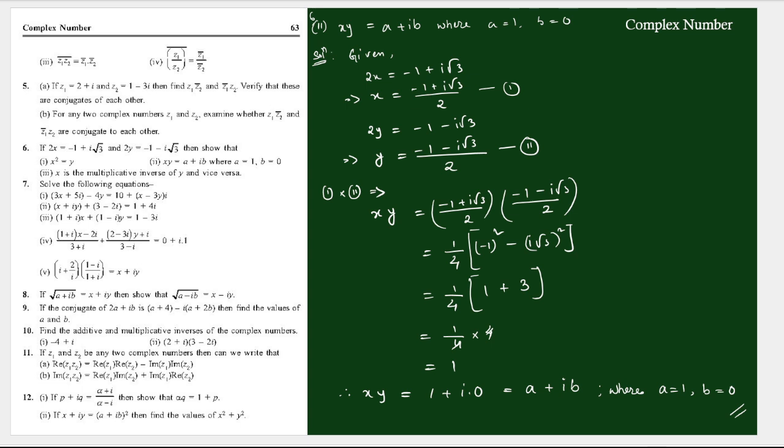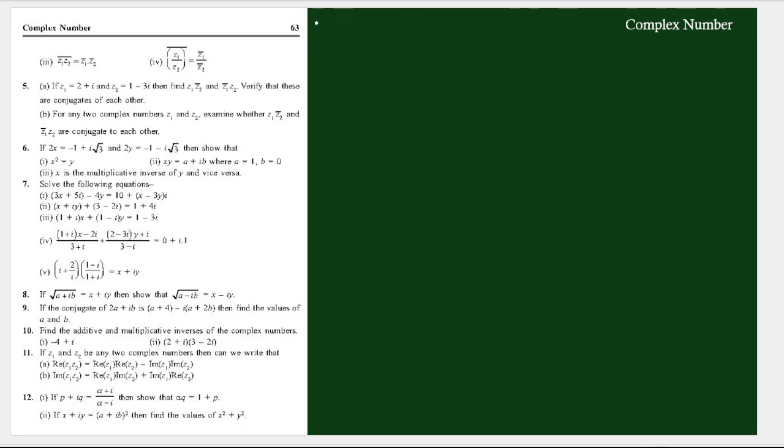Now we need to do number 3. What is number 3? x is the multiplicative inverse of y and vice versa.